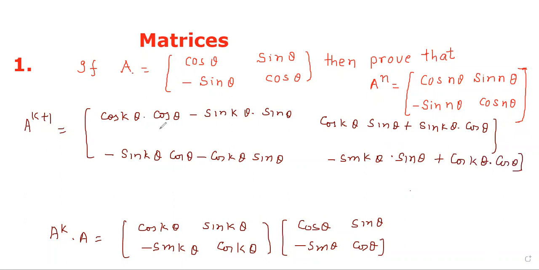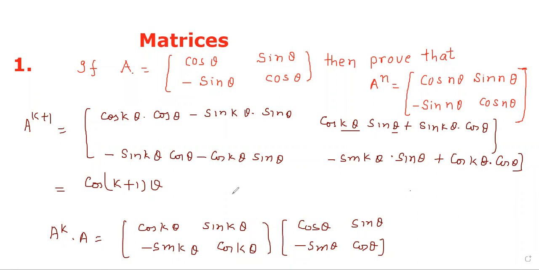Clearly, this is the formula cos A cos B minus sin A sin B, which is equal to cos (A plus B). So it will become cos (k plus 1) theta. And this is cos A sin B plus sin A cos B, which is sin (A plus B), where A is k theta and B is theta.